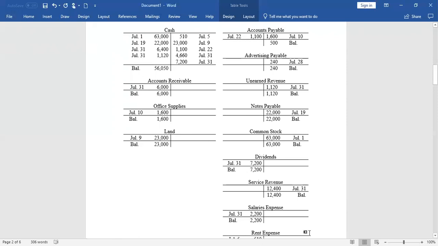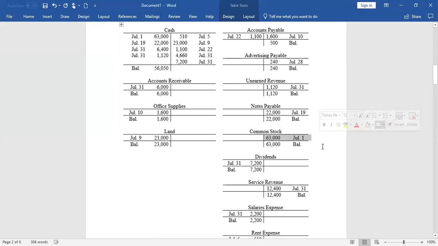So whatever happens in the journal entry, that's what you put in your general ledger. So July 1, the journal entry said, on the debit side of cash, put $63,000. So there it is. On the credit side of the common stock account, put $63,000. Remember, debit's on the left, credit's on the right. Each T account is set up that way.